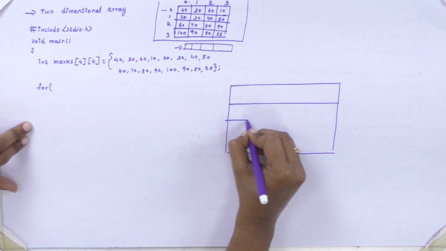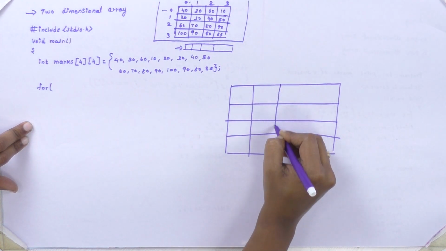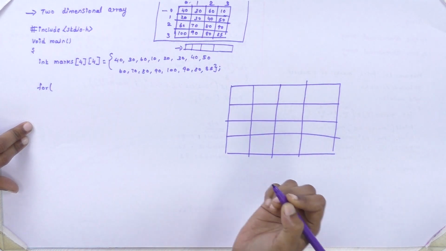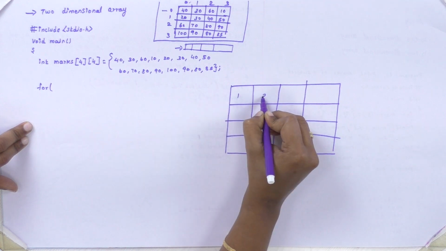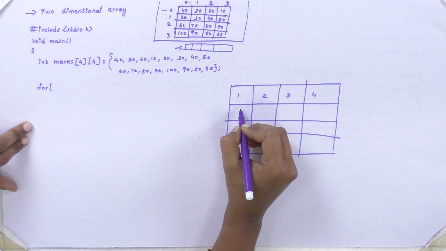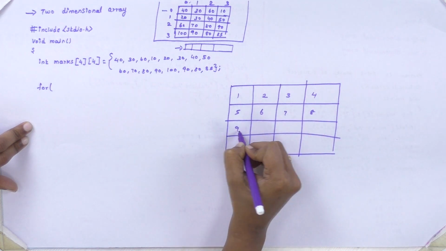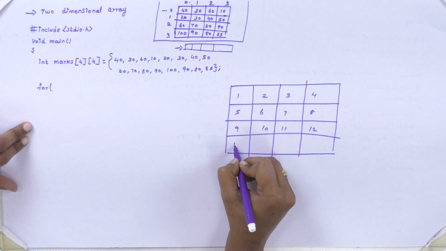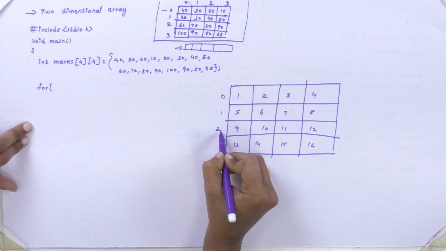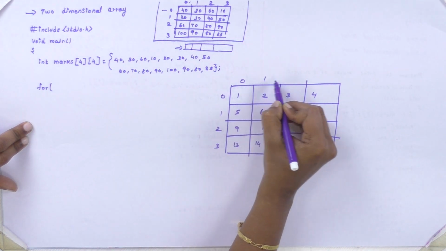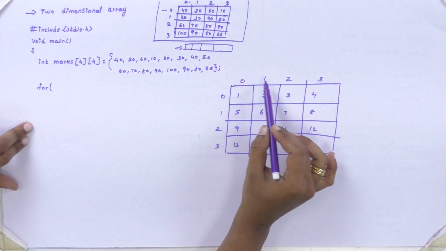Here it has 4 rows and 4 columns. The data will be stored, and for easy access I am using 1, 2, 3 itself. The values are stored by index values.